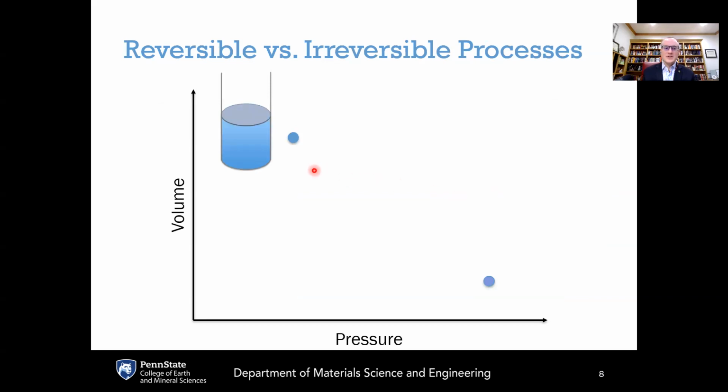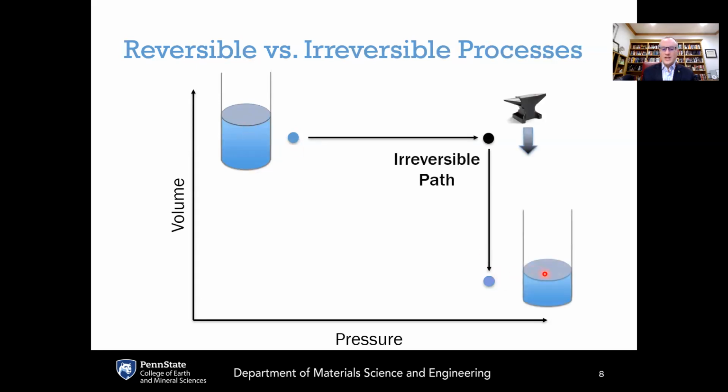So if we consider, say, our uncompressed state here at higher volume, lower pressure, versus the compressed lower volume, higher pressure state here, we can get to this by any number of irreversible paths. So with dropping an anvil, this increases the pressure right away, and then the volume responds after that.